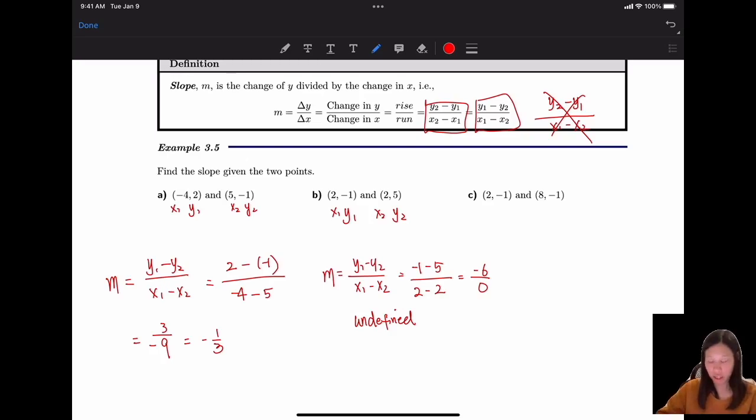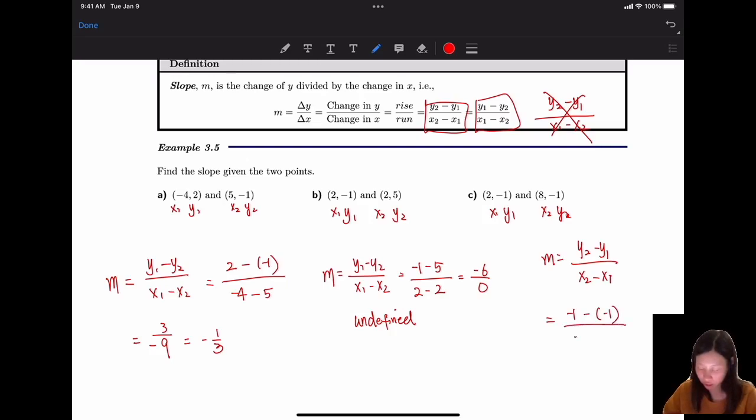So let's take a look at our C. This time I'm going to use y2 minus y1 over x2 minus x1. So y2 is -1 minus -1, x2 is 8 minus 2. So on top is equal to 0, on the bottom is equal to 6.